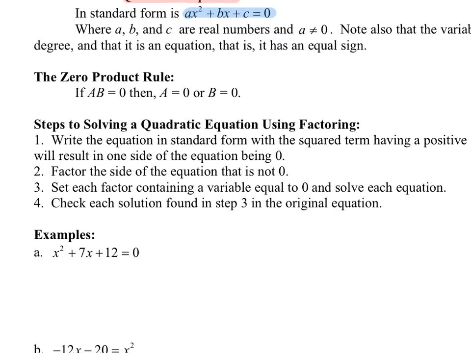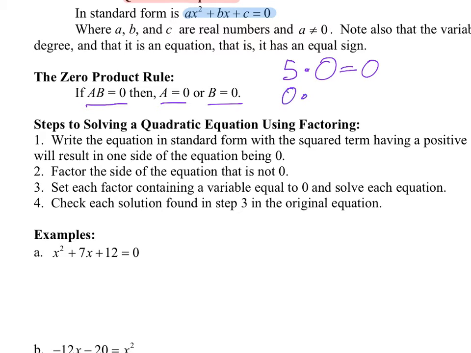All right, now we have something called the zero product rule, and this is something we all know at this point, but we may not realize we know it. We use it without realizing it. Okay, we know that if A times B is equal to 0, then either A or B has to be 0. In other words, if I have 5 times 0, what's that equal to? 0.